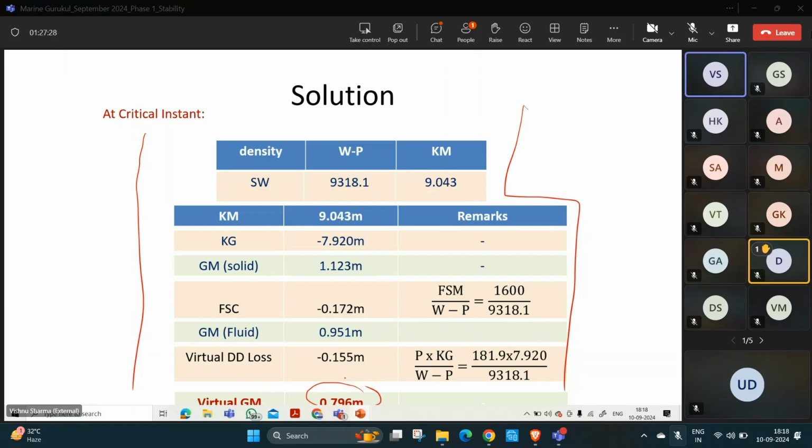Okay, first let me just do it. The third part says find the drafts forward and aft when the virtual GM becomes 0, or I said when the vessel becomes unstable. Both would have meant this. So that means we have to find out the stage, the draft, the depth when the vessel GM is 0.